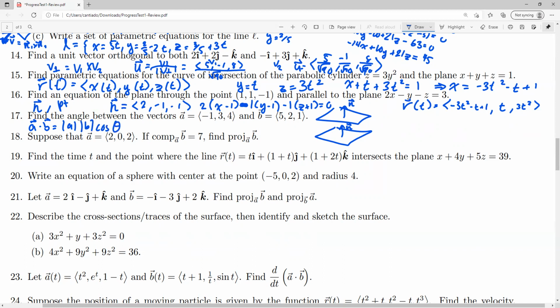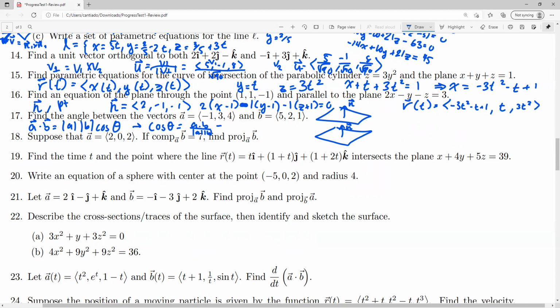So in order to find the angle, you want to solve for cosine. Cosine theta is equal to the dot product over the product of the magnitudes of each of the vectors. And in order to find theta, you just take the inverse of this.